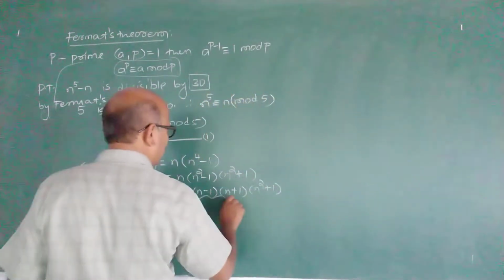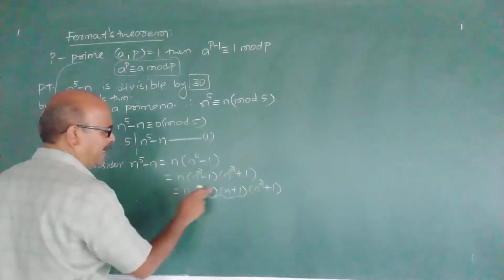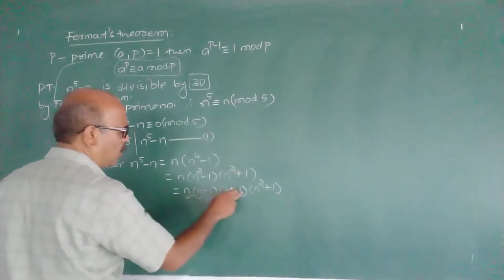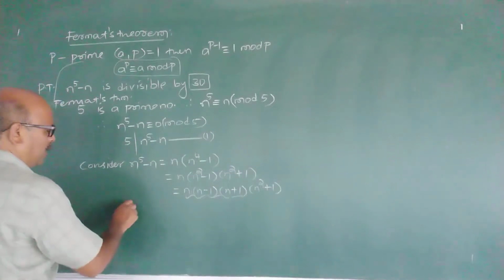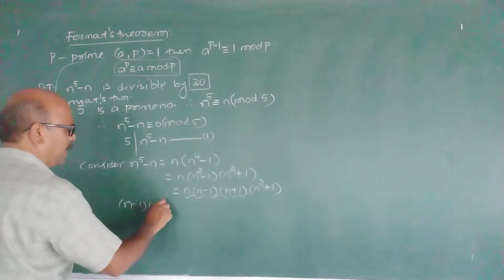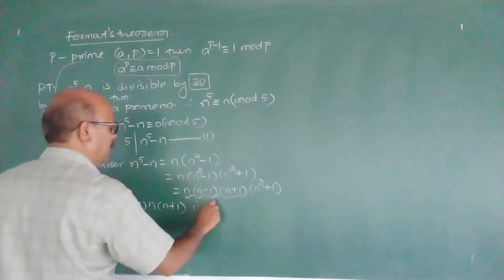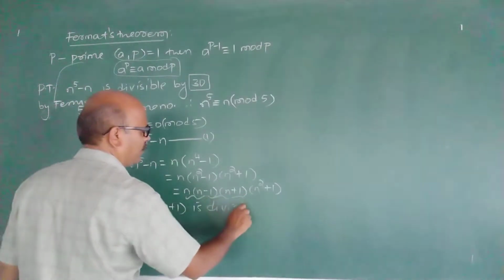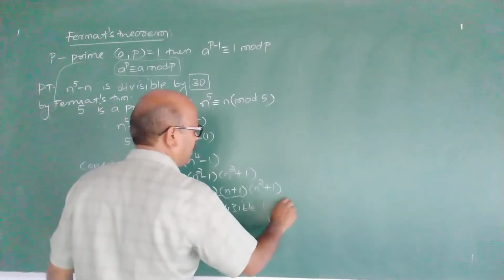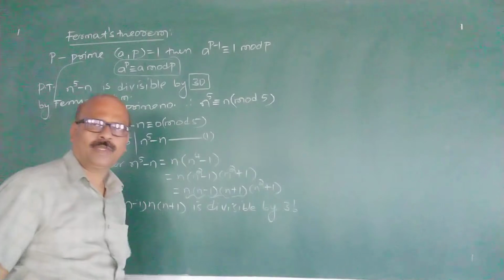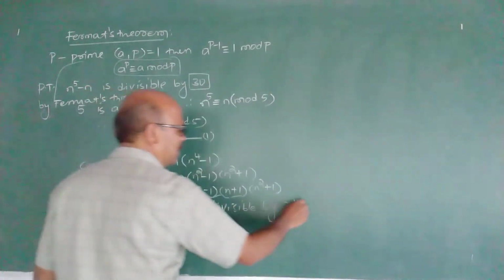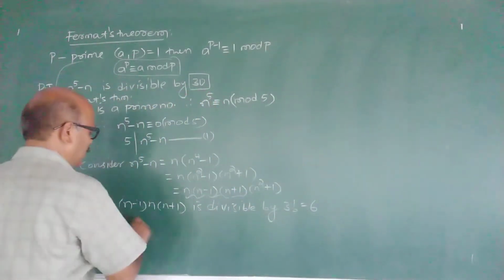Now what is this? N minus 1, n, n plus 1 is a product of 3 consecutive integers, so it is divisible by 3 factorial. What is 3 factorial? 6.